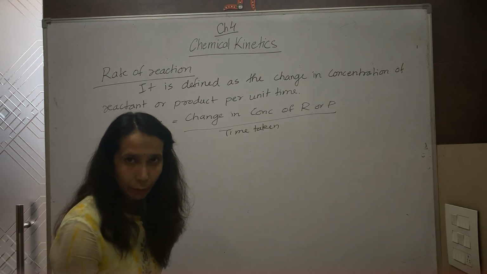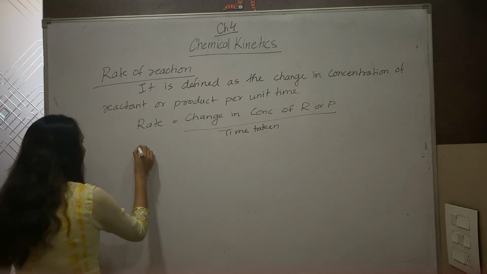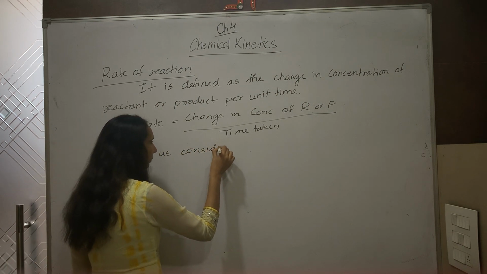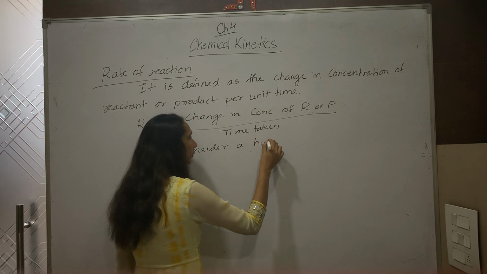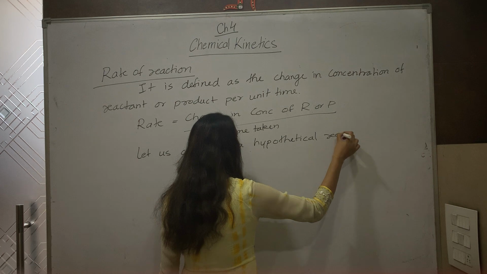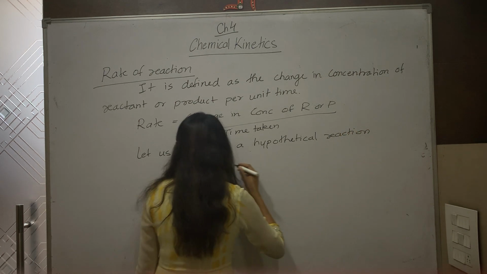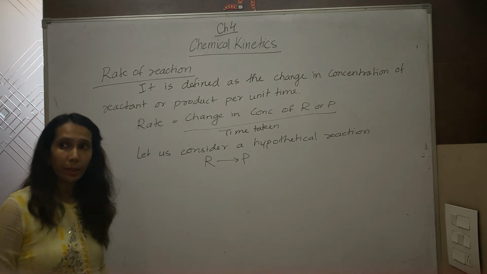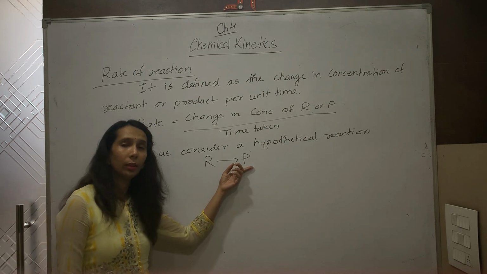Now to understand the formula, let us consider a hypothetical reaction. Hypothetical reaction means an imaginary reaction. R to P, where R is the reactant and P is the product.